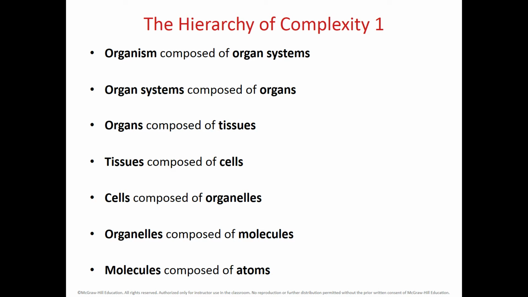Now, an organ system is a group of organs that have a unique collective function, such as circulation of the blood, breathing, or digestion. And since these organ systems are composed of a group of organs, they provide these essential functions to the entire organism.